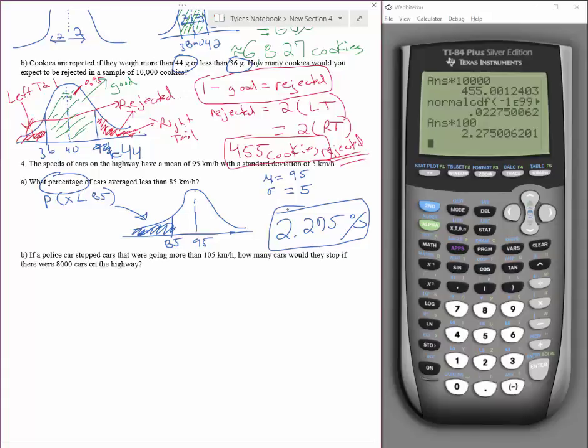Then this last one says if a police car stopped cars that were going more than 105 kilometers per hour, how many cars would we expect to stop if we had 8,000 cars on the highway? Again, let's figure out what percentage of cars we would expect to be going more than 105 kilometers per hour. So right here's 105.